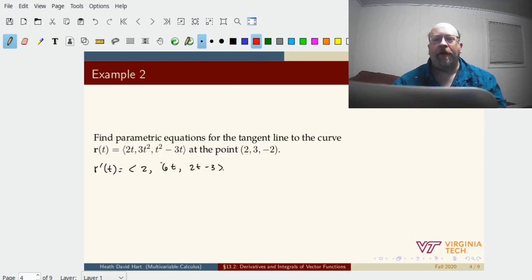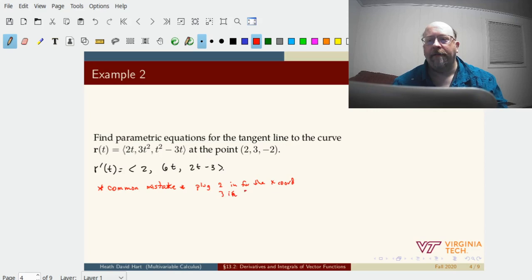And now we're going to have to figure out what happens at this point. There is a common mistake that people make here, and I'm going to go ahead and tell you what that mistake is and ask you not to do it, which is to plug in these coordinates into this point: 2 for x, 3 for the y-coordinate, and negative 2 for the z-coordinate.